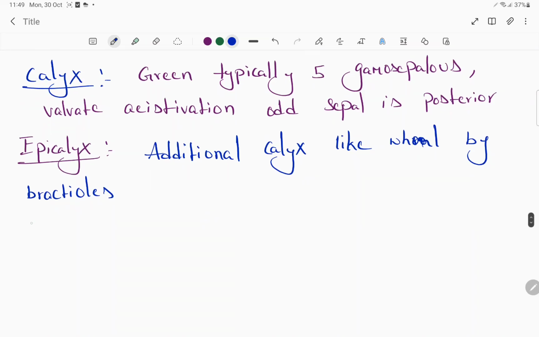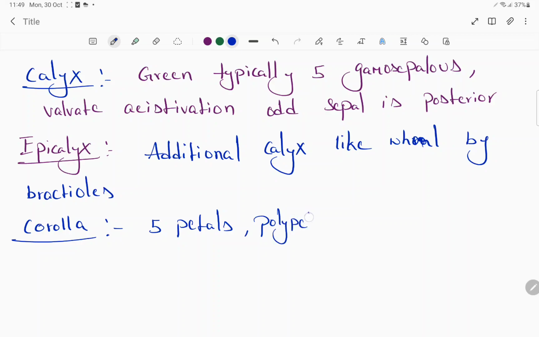We call that the epicalyx. Corolla: 5 petals, polypetalous, twisted aestivation.